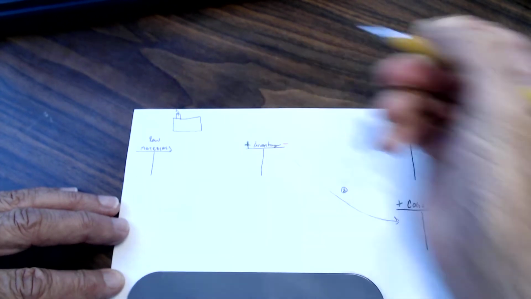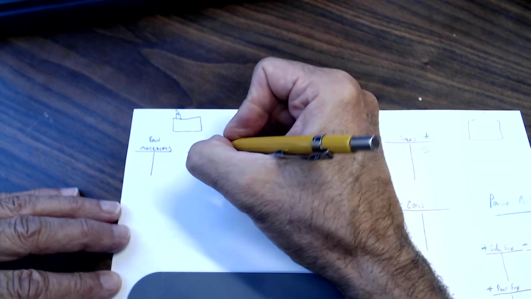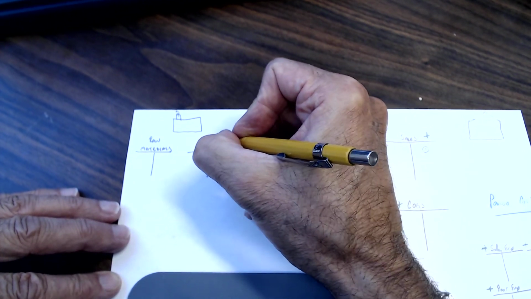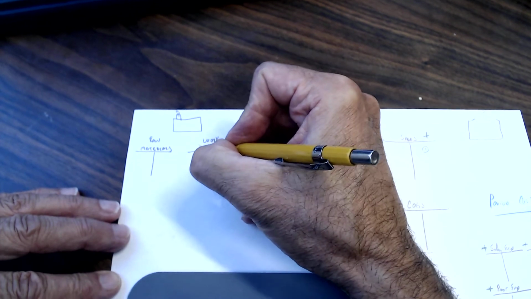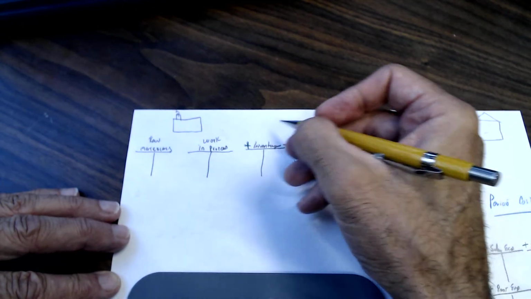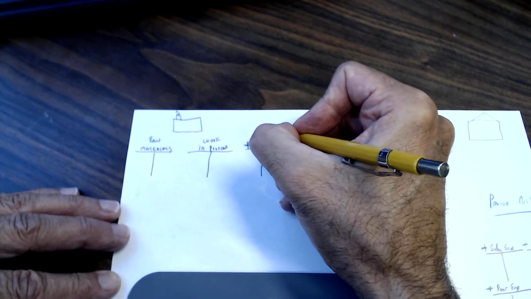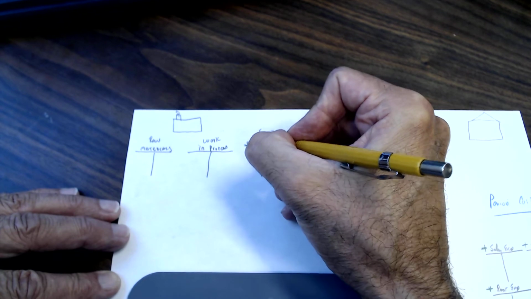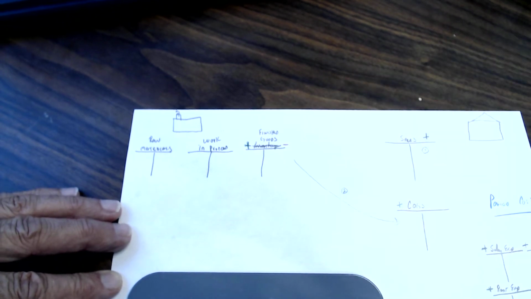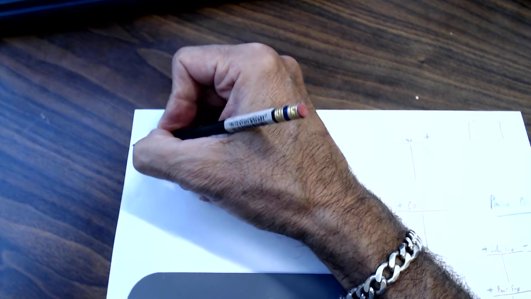The second phase of inventory is work in process. And the third one is going to be called finished goods. Now these are three different levels of inventory.